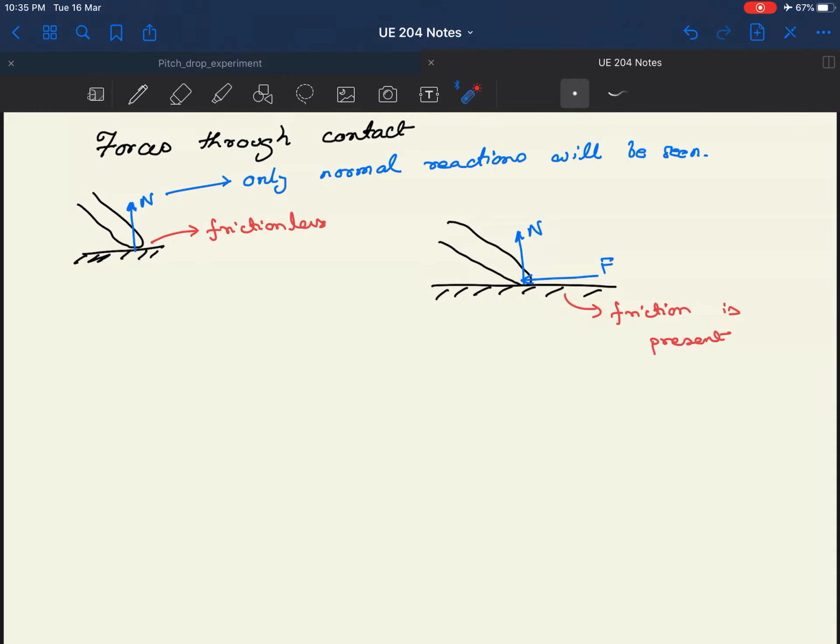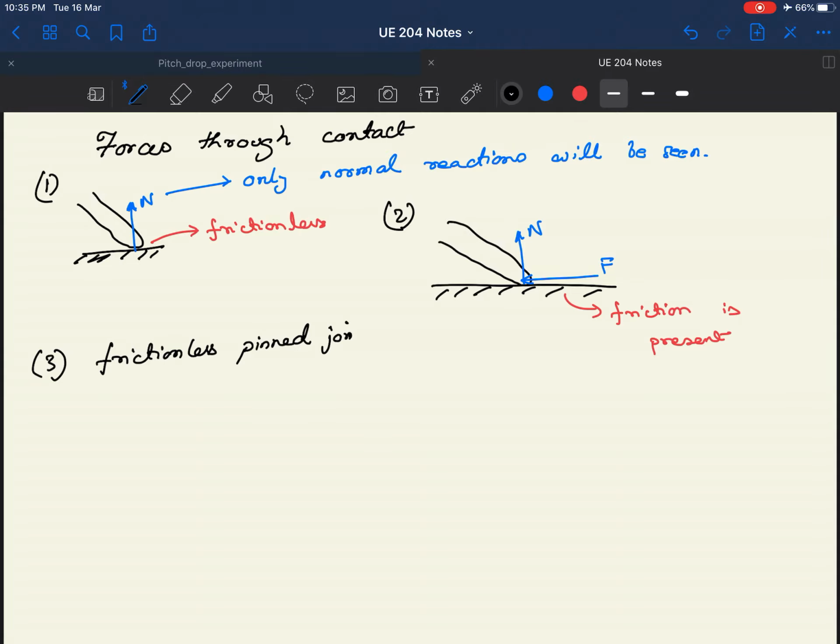Another type of contact is the frictionless pin joint. Okay. So this is let's say 1, this is 2, 3 is frictionless. Pin joint, and here let's say you have a couple of links that are in contact with each other.